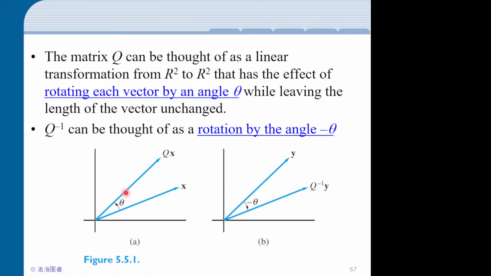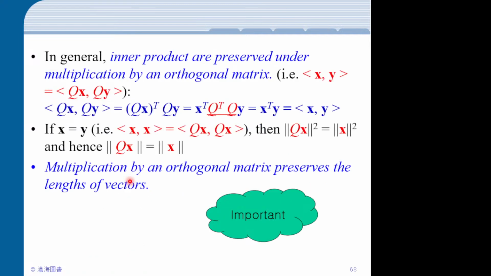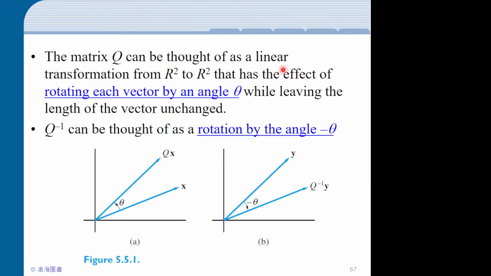So this is an example of a rotation orthogonal matrix. In general, orthogonal matrices are kind of like rotations, and they have the nice property that they preserve the geometry of your inner product space. That means the inner product is unchanged. You can feel this geometrically: if you rotate the whole plane, a shape will not get distorted.